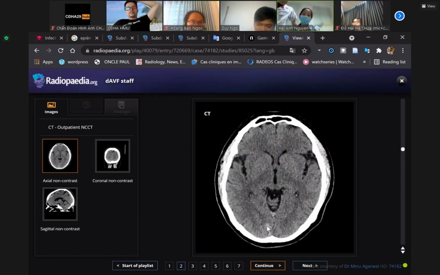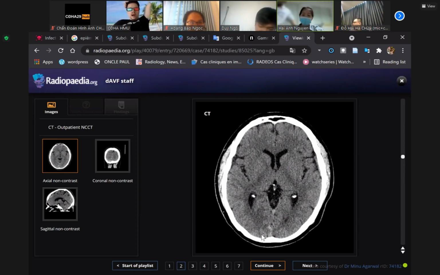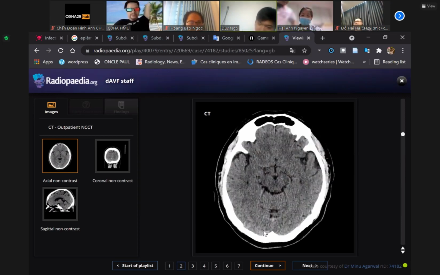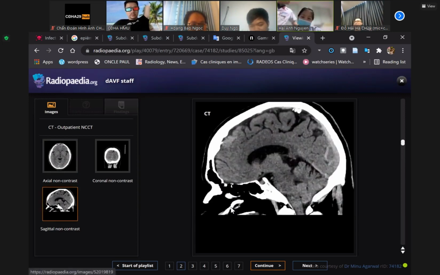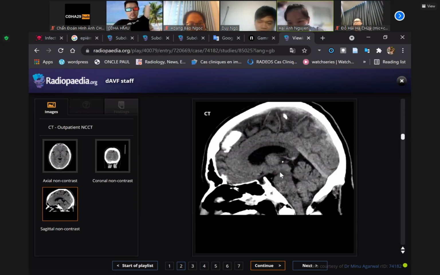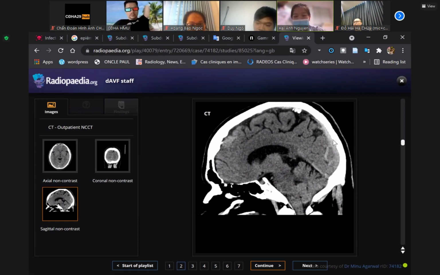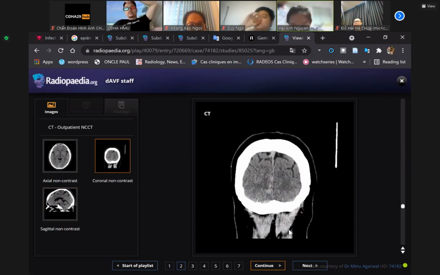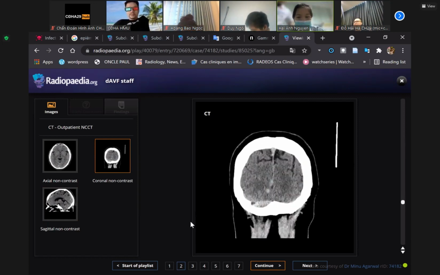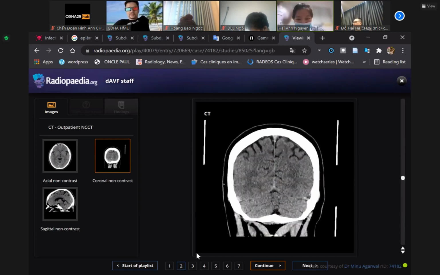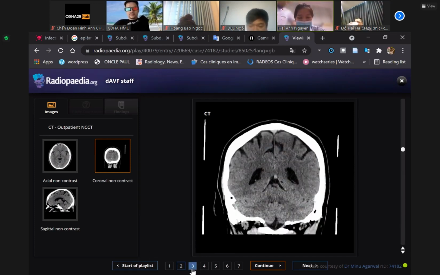I don't think it's hemorrhage. See it on the sagittal view. No, it's just a vein. It's a dilated vessel which connects to the SSS. We need to request a scan with contrast injection at the venous phase.